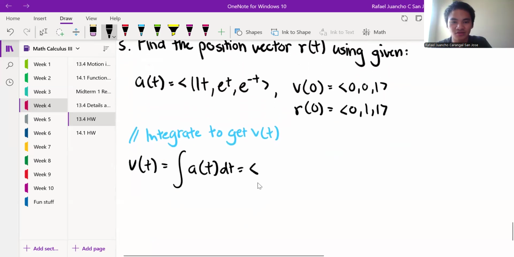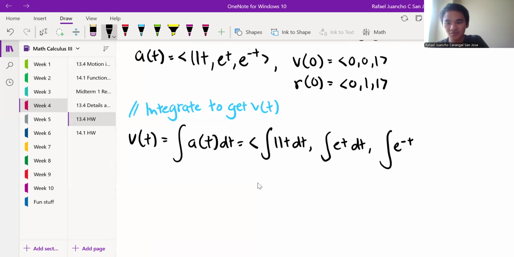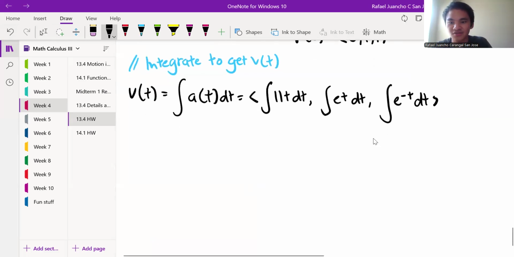We integrate each component, so we're integrating the x, y, and z components of our acceleration vector function. I personally like to do it one by one.